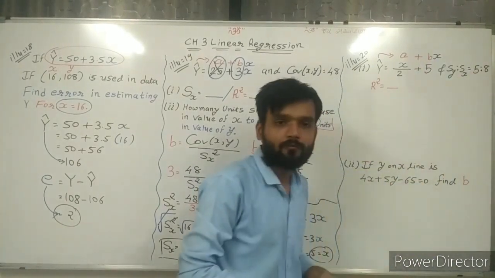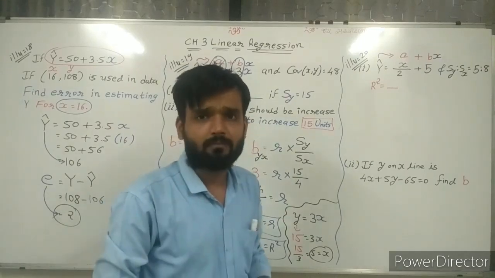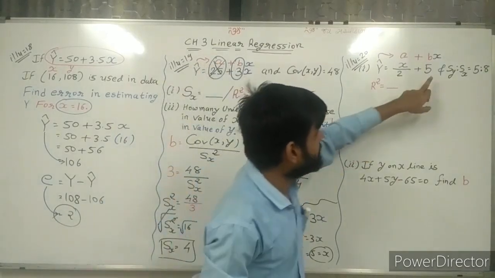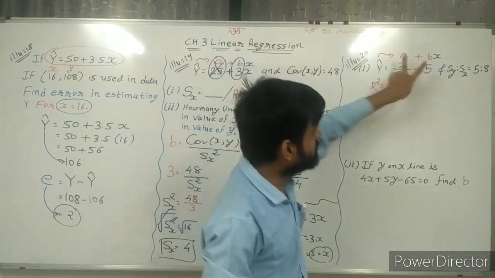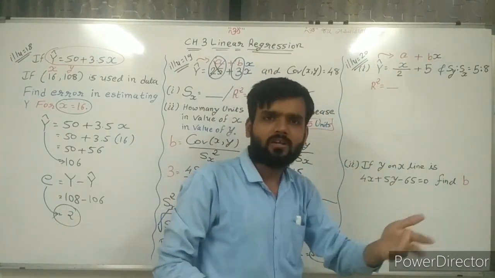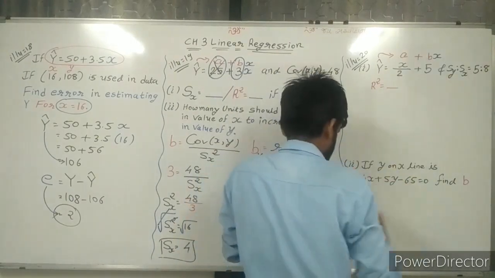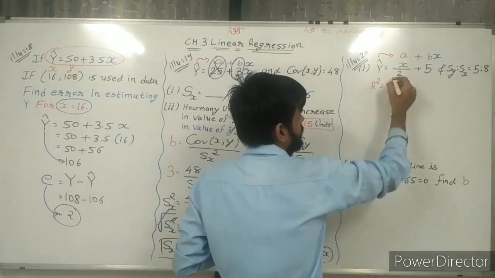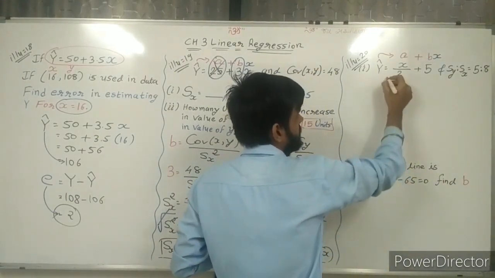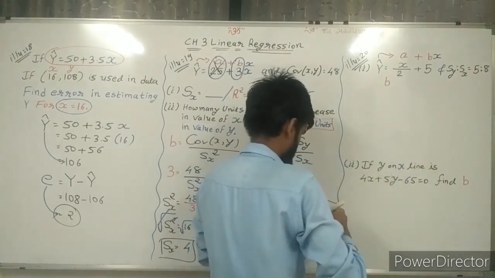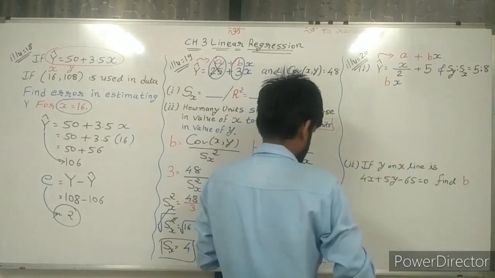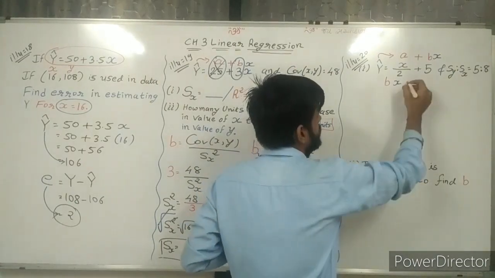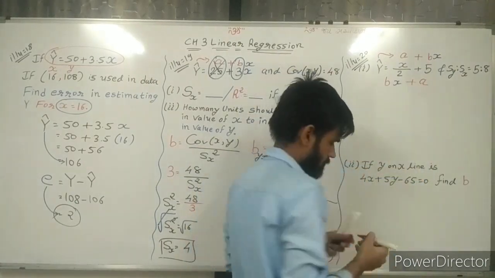This is the formula of y cap. But sir, here x is not given first, x is given here. So change it. Don't worry. First write this. So here I am writing first bx plus a.